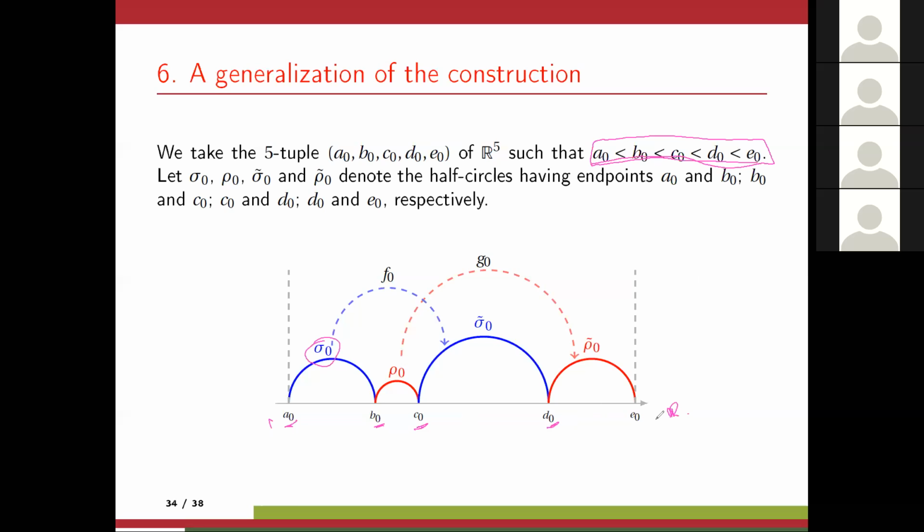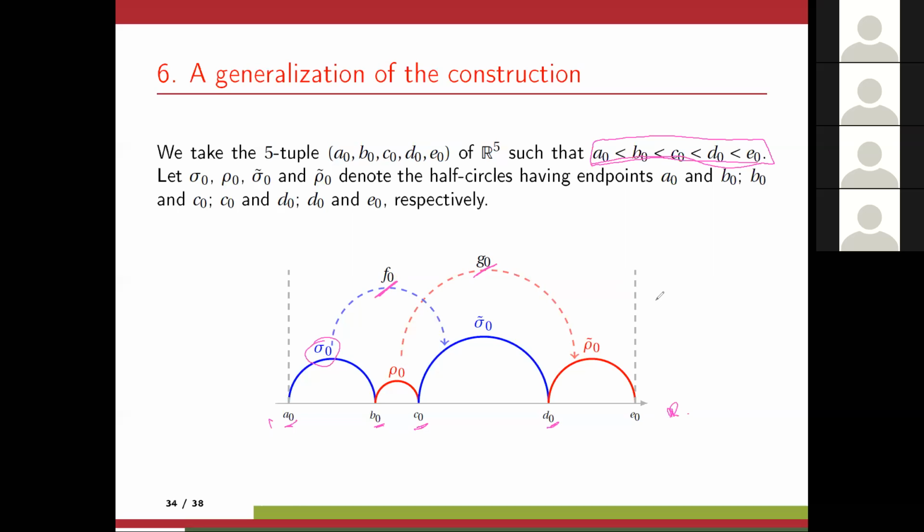Now, you can label them with colors. Rho 0 and hat rho 0 you draw in red, and the other half circles in blue. Now you can identify circles having the same color with a Mobius map. You can identify sigma 0 and hat sigma 0 with a Mobius map F0, and in the same way the Mobius map G0 identifies the half circles rho 0 and hat rho 0.